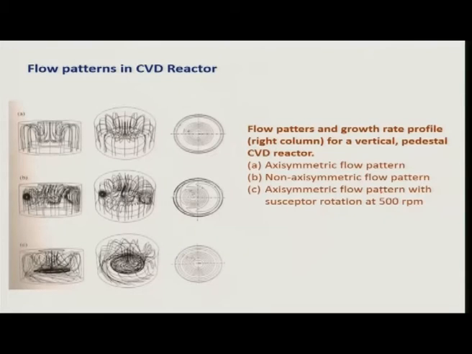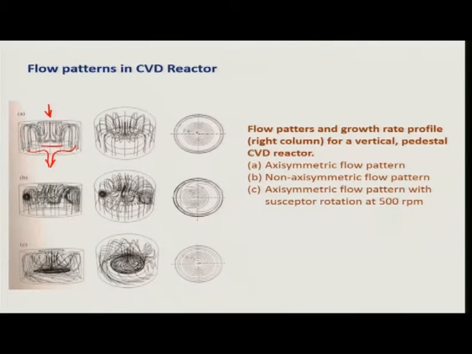Okay. Let us have a look at different flow patterns in a CVD reactor, which are also influenced by where you put your inlet and outlet of the gas. Okay. In this case, the gases come from top, the substrate is here which is heated. And then they go uniformly out from this reactor. Okay. So, this flow results in the thin film uniformity which is shown here.